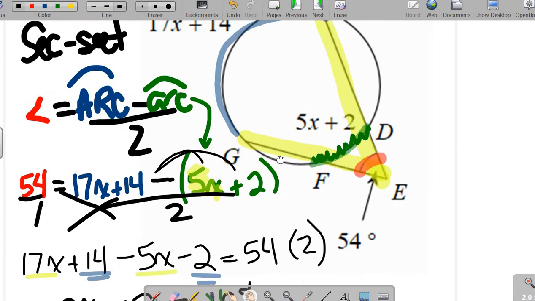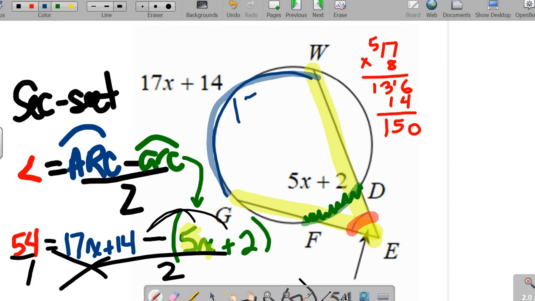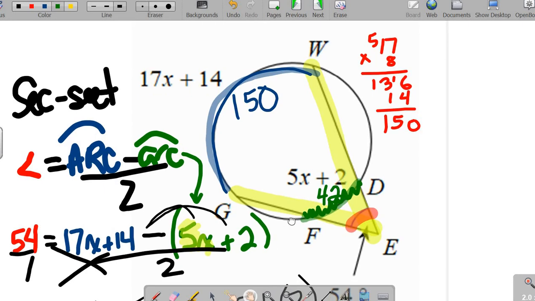So now you come over here, and we're going to see how this works. And we're going to make sure it does work. So 17 times 8. It's going to be 136 plus 14. So we get here that this arc is 150. Coming down here, 5 times 8 is 40 plus 2, so that's going to be 42. And then we see if it actually works.